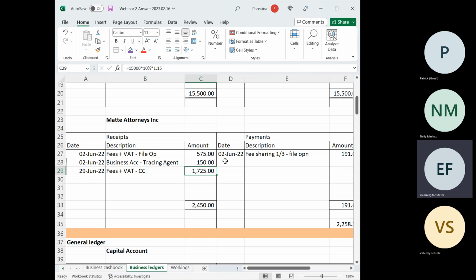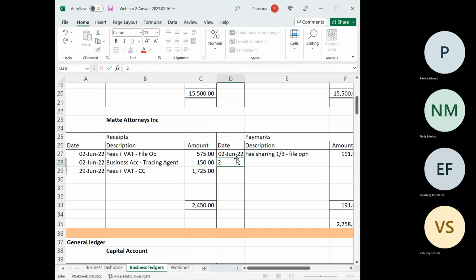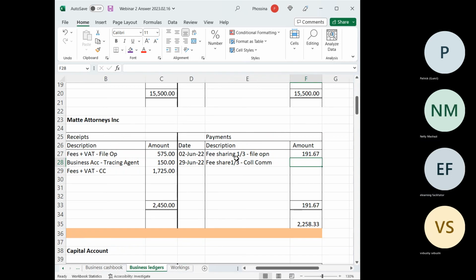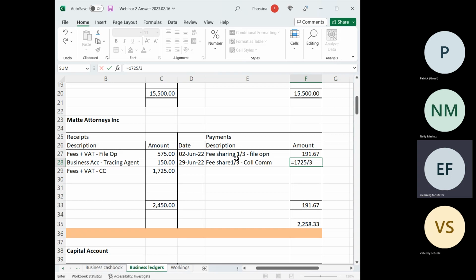And then we do our fee sharing. 29 June 2022. And then we fee share of the collection commission, 1/3 of the collection commission. So it's 1,725 divided by 3.